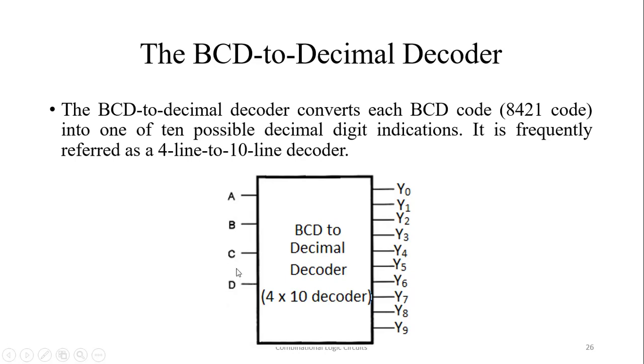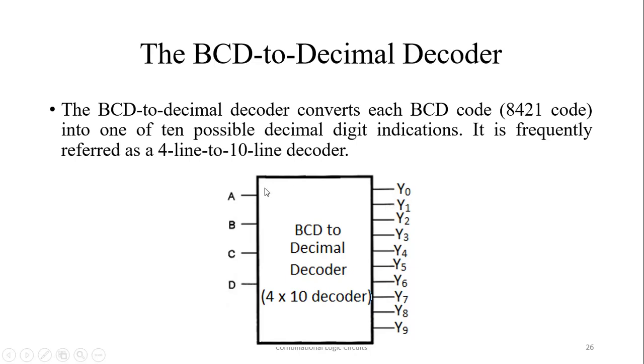BCD code is a 4-bit code, so the inputs will be 4, and decimal digits are 10, so the outputs will be 10. Each line represents a decimal digit. If 0000 is present at the input, this line will be active, which means the code of decimal digit 0 is detected.